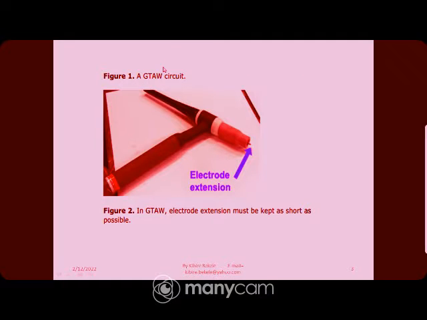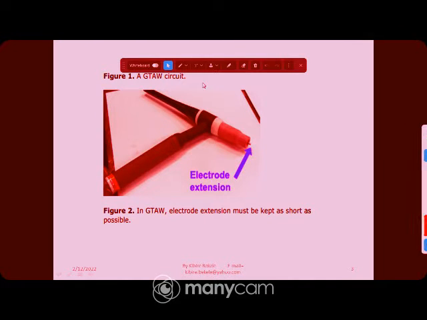So here, as we already discussed in the figure above, there is the torch. This indicates the gas tungsten arc welding torch. Here is the handle of the torch, and here there is an electrode.